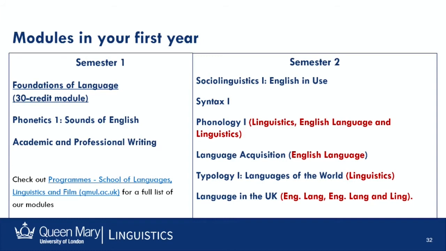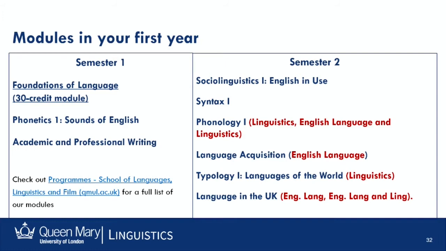In the second semester, things open up a little bit. This is where our 3 different single honors degrees differ a little bit as to what is a required class. So most of our students will end up doing Sociolinguistics and Syntax, which is the structure of English. So how do we describe the structure of English sentences?